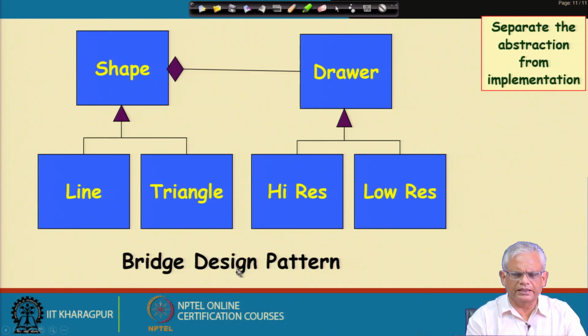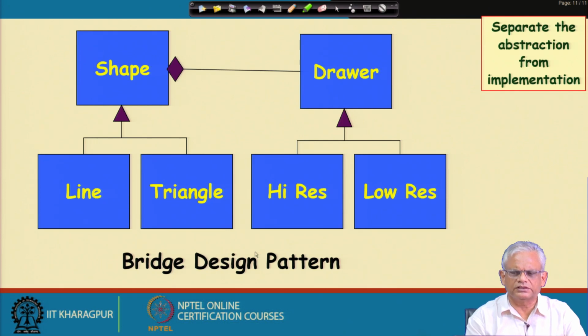So, here the main idea is that we do not use a single hierarchy where a change to the abstraction or a change to the implementation is handled uniformly in the same hierarchy.